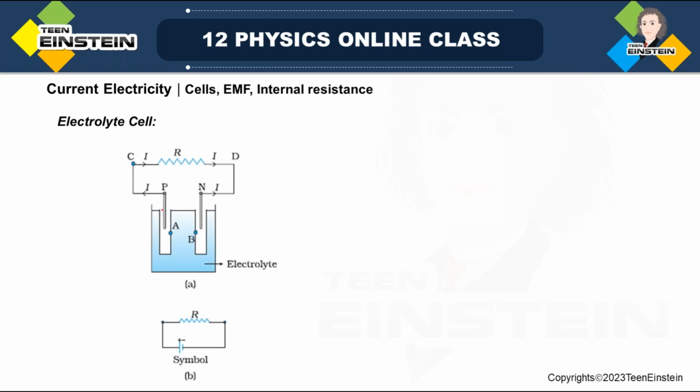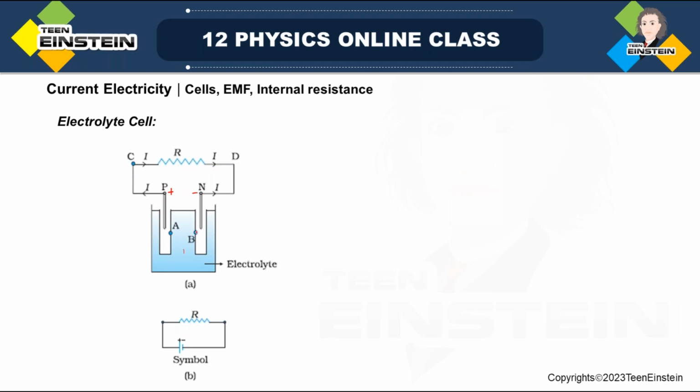Initially there may not be any potential or polarity on these electrodes, but these electrodes are so chosen that as soon as they are dipped into the electrolyte, there will be charge transfer through the electrolyte, and one will be at positive potential, another at negative potential. In this case, this is at positive potential, this is at negative potential.